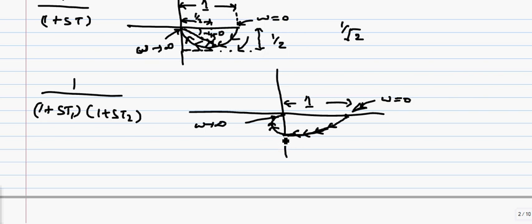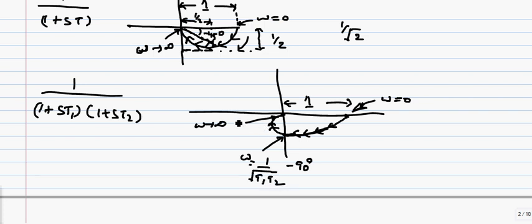And the important points are, what is the frequency at which this polar plot is going to touch this negative j omega axis, where the phase angle is minus 90 degrees. If you substitute this in the equation, we'll get the value which is omega equals 1 over square root of t1 t2.